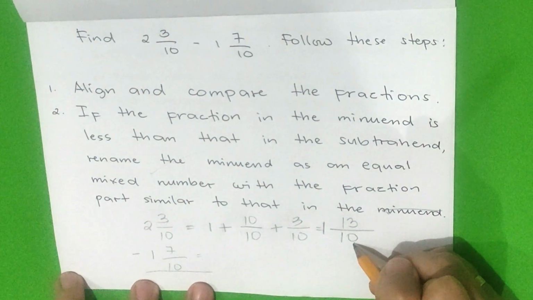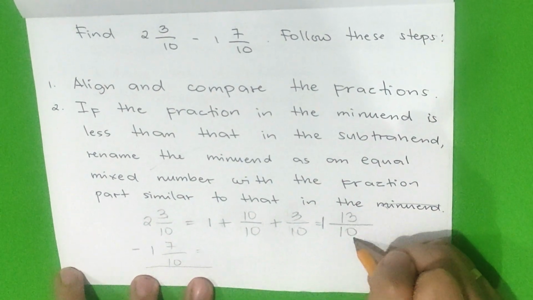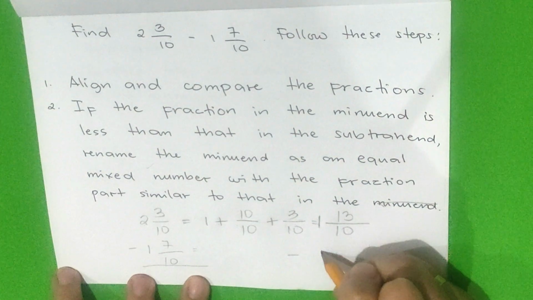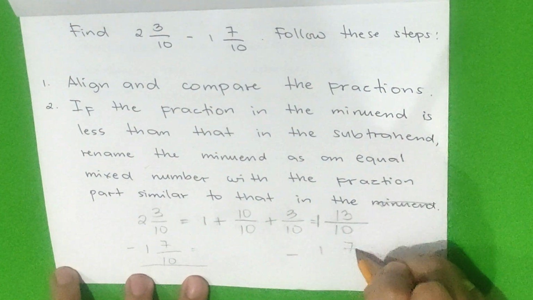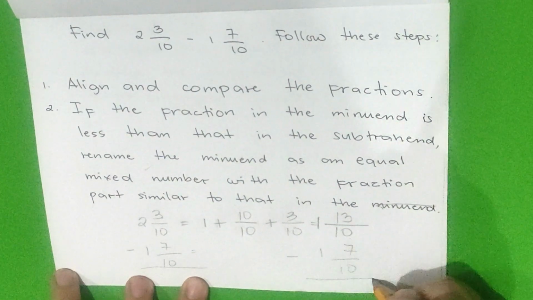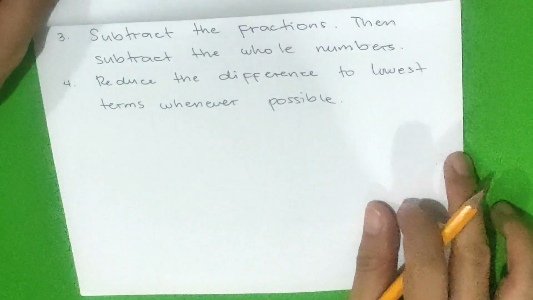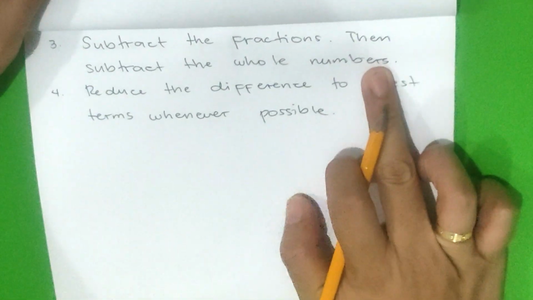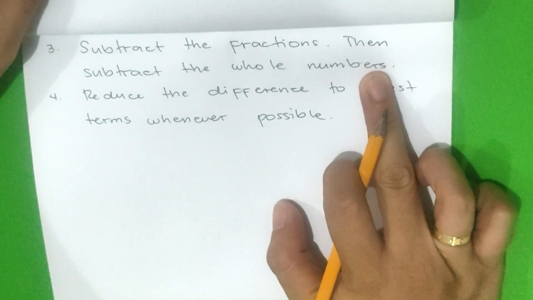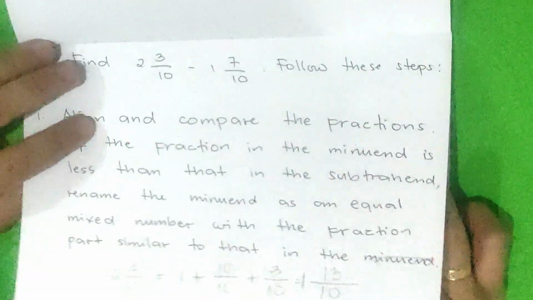1 and 13/10 minus 1 and 7/10. Let's proceed with the third step. Subtract the fractions, then subtract the whole numbers.